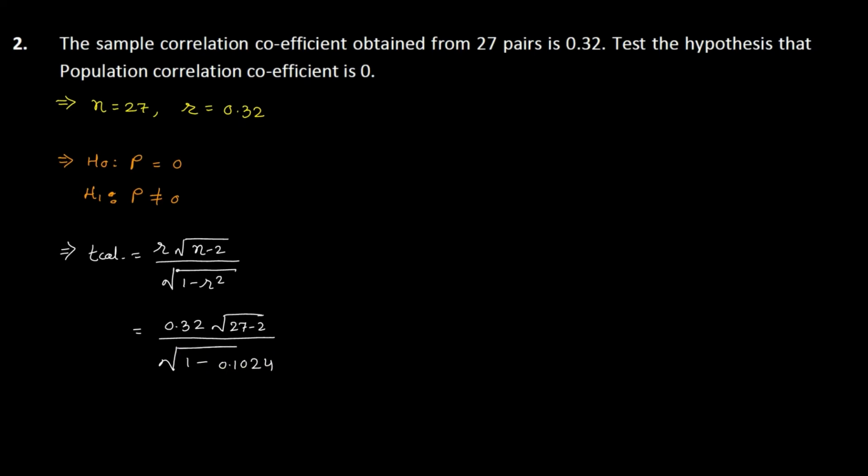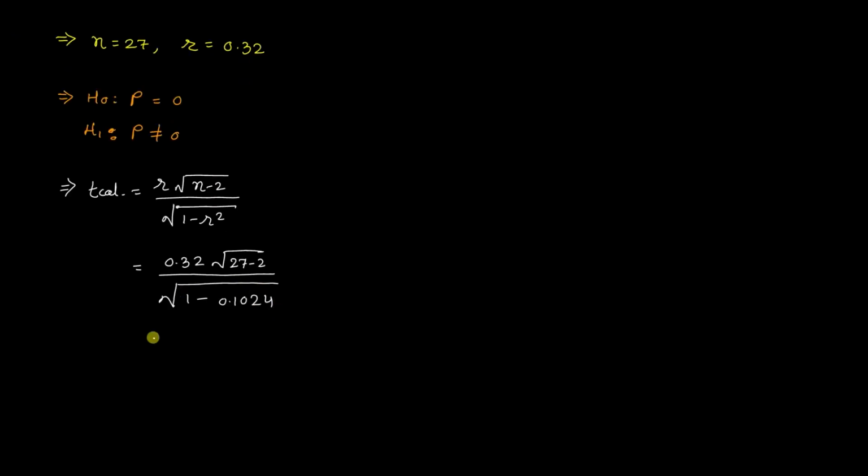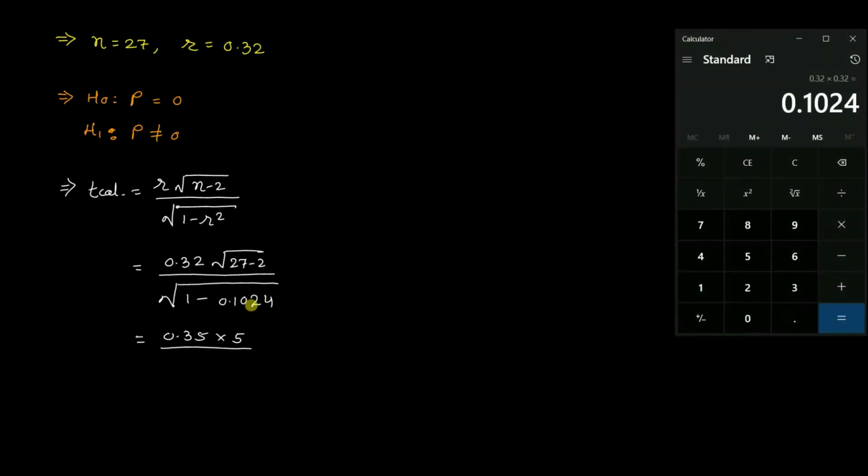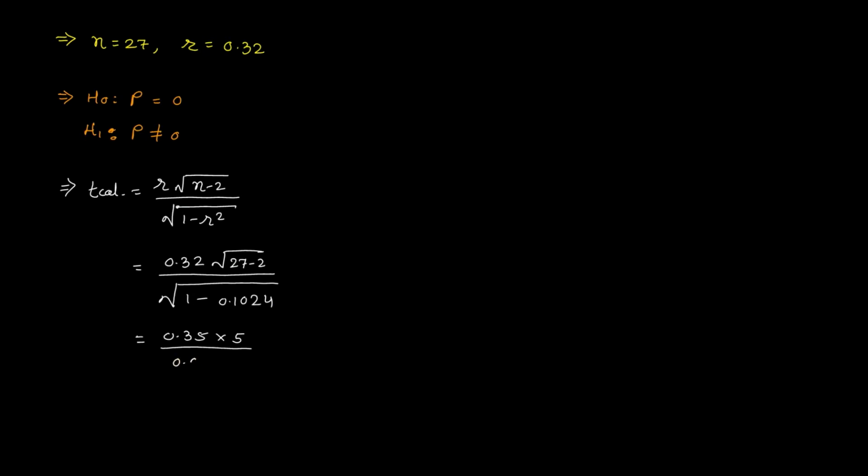Now it is equal to 0.32 multiplied by under root of 25, which is 5, divided by 1 minus 0.1024, that is 0.8976, and taking under root of this number, we get 0.9474.